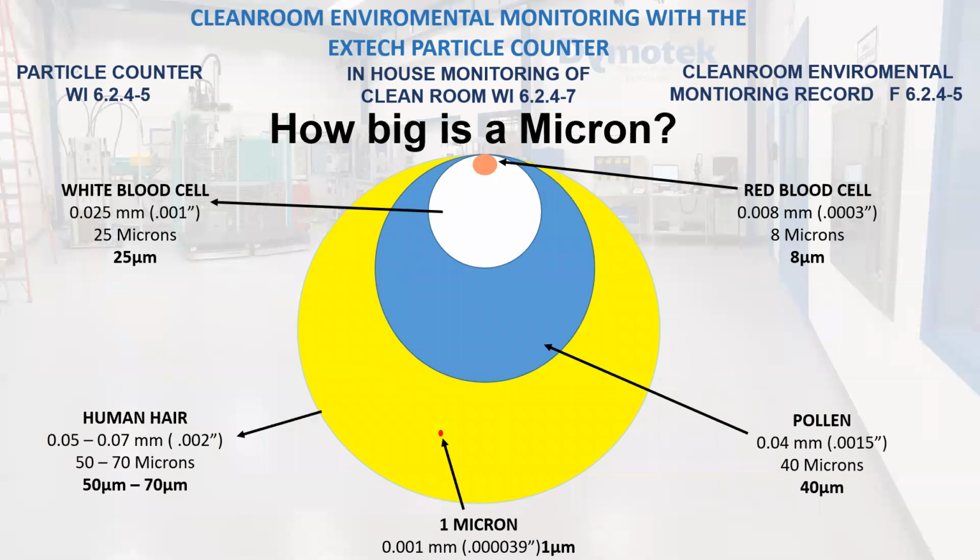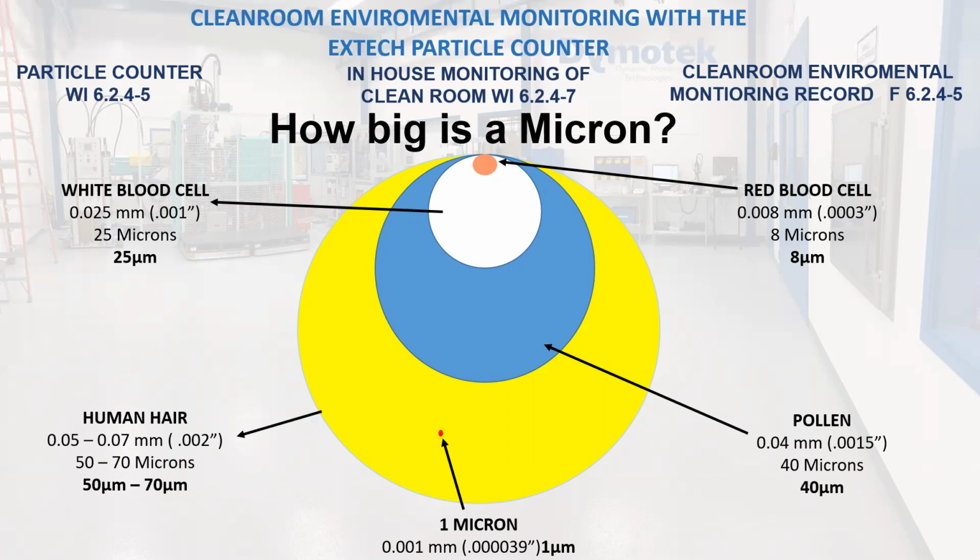So how big is a micron? This slide is a reference illustration to give you an idea of how small a micron actually is. The yellow circle is the average size of a human hair at its cross section. The blue circle, the average size of an individual piece of pollen.